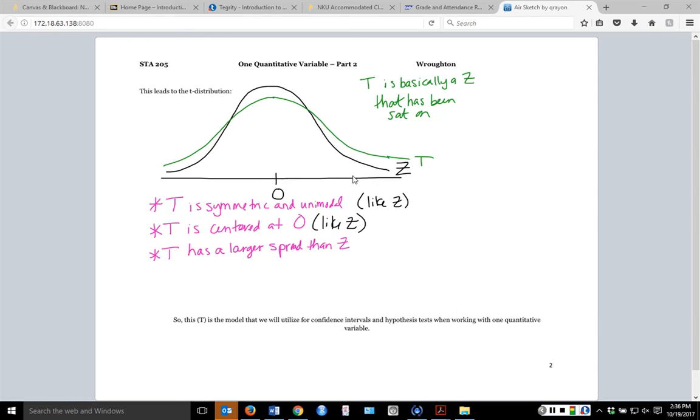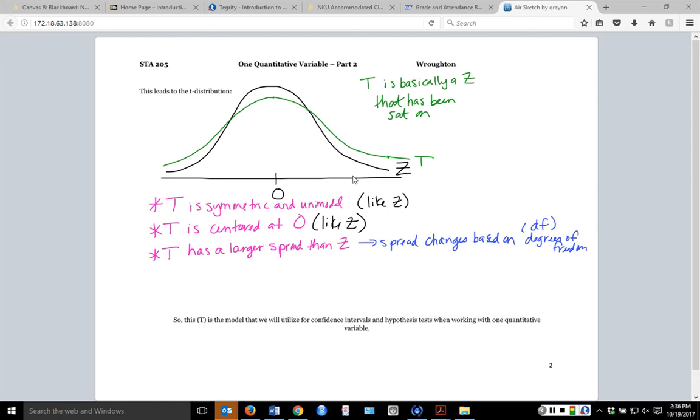And more specifically, the spread changes based on a new term here called degrees of freedom, and that degrees of freedom will usually get labeled as a DF.